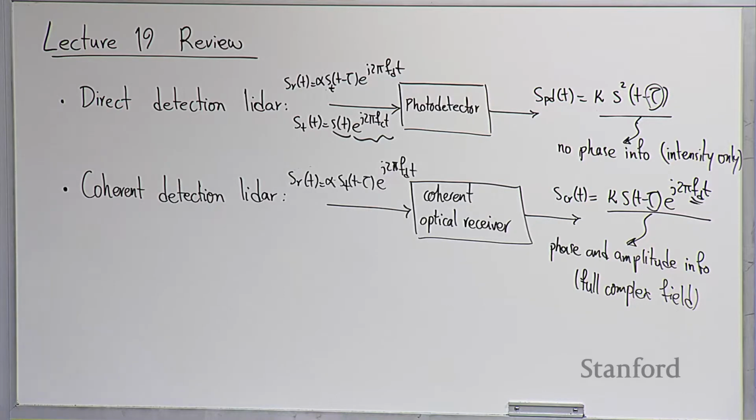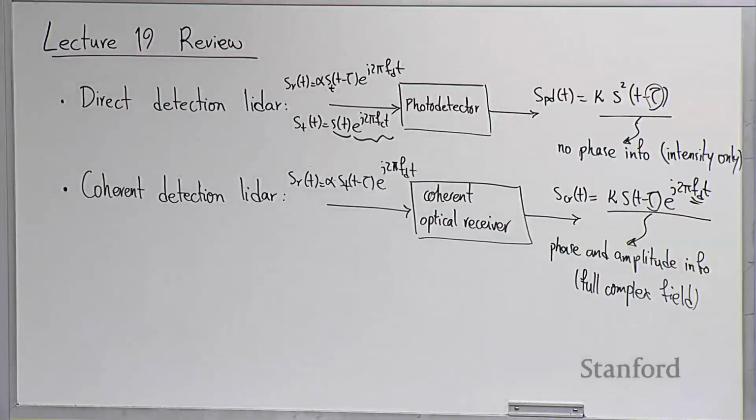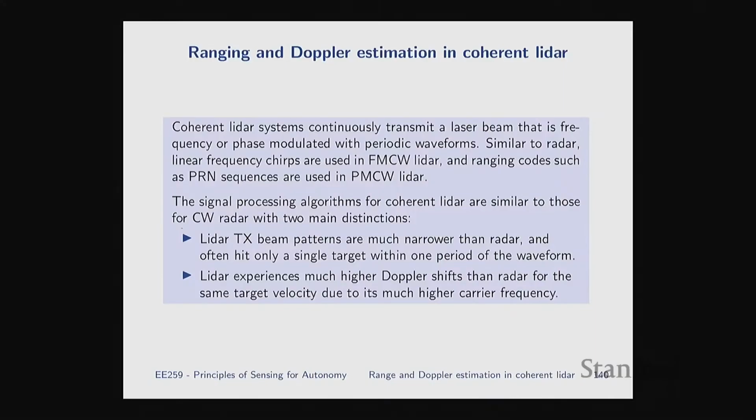The concepts should be very familiar by this point, in terms of the types of waveforms and how each is processed. But we'll see there are some subtle differences in this case that we'll talk about today. Okay, so here's where we are.